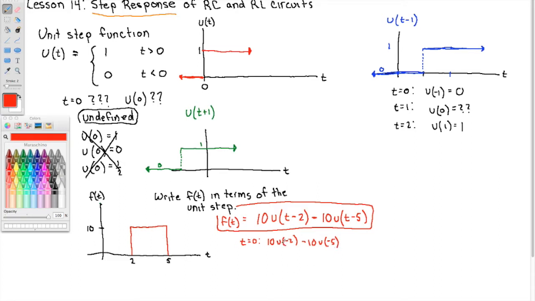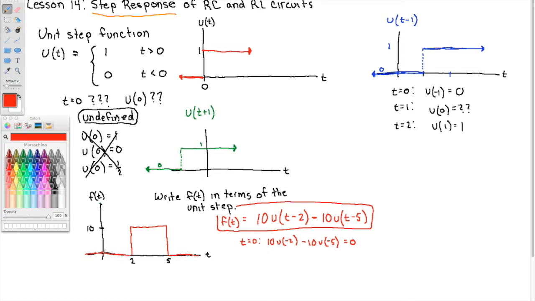Okay, but the unit step of a negative number is defined as 0. So this is 0, this is 0. So our function at t equals 0 is equal to 0. So that's this point here. Good. That lies on, I guess I should show this part.